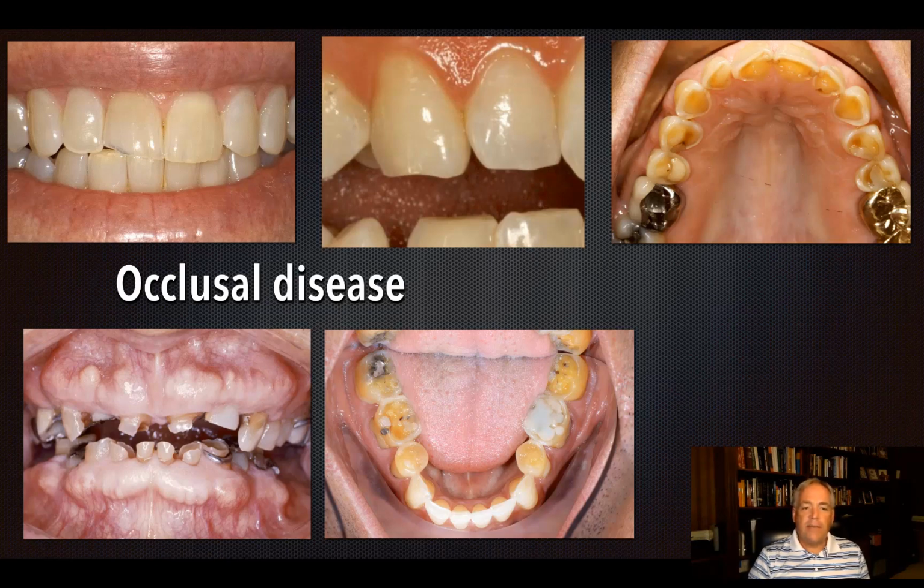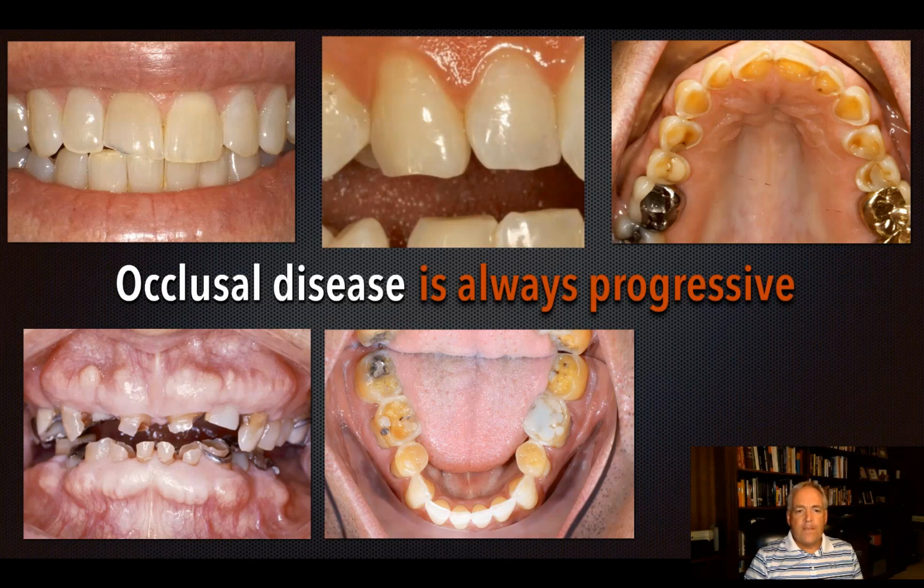But we will actually be able to decrease the forces to the dentition and ultimately be able to make things last longer. Okay? So all of these problems, if left alone, will progress.